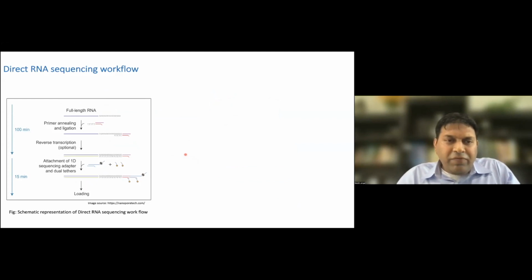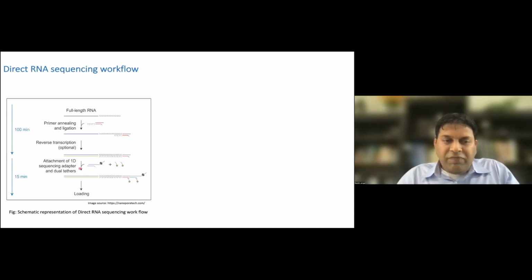From an experimental point of view, nanopore has so far been able to do direct RNA sequencing on full-length mRNA molecules. This is facilitated typically using an oligo-dT primer, followed by a reverse transcription step, which we often end up using, because it stabilizes the RNA so that no secondary structures are formed.